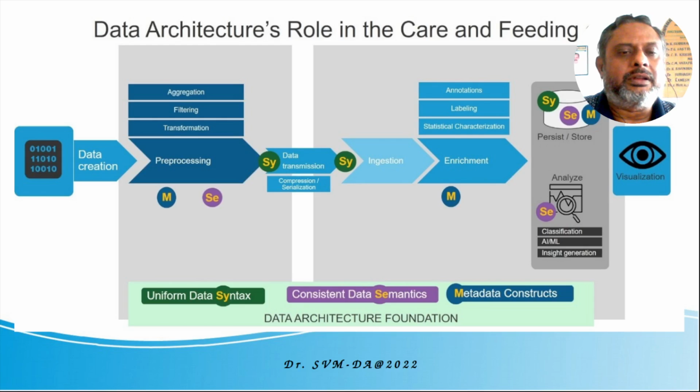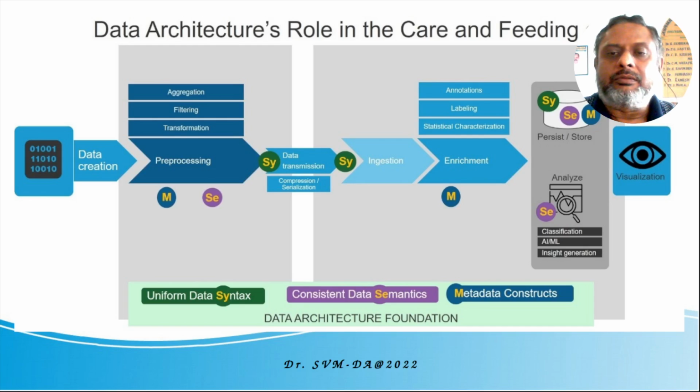So all this data gets into pre-processing stage where all the data are aggregated, and anything which is not useful for the current task is filtered out, and anything that's not in appropriate form is transformed. So this whole thing is converted, and then we make a uniform syntax and transfer it to the next stage where the data is ingested into our system.